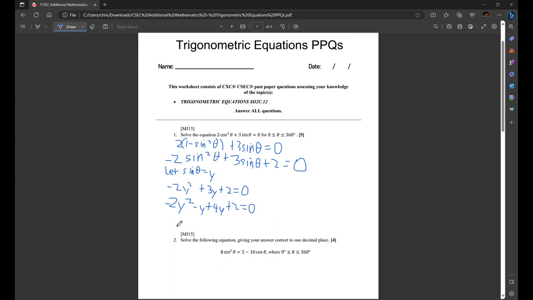Then we can do some factorization here. I'm just going to take out a negative y, so I'll leave it with 2y plus 1. And if I take out a plus 2 over here, it's going to leave me with the same thing.